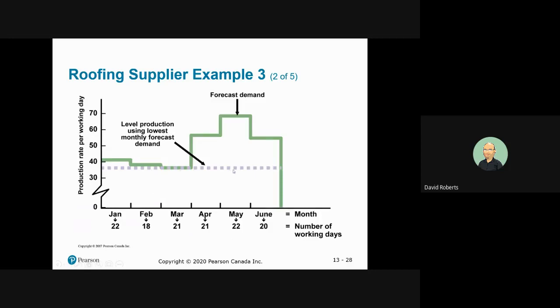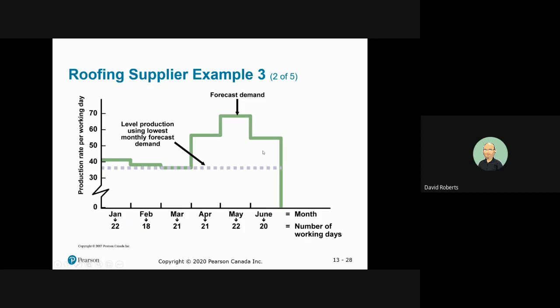So this is just a slightly different variation on the level production, but you've lowered it from 50 units per day to 38. And the rest is done with subcontracting. With the advantage is you don't have inventory. That's the advantage. So in the first one, you had inventory for the first 3 months, and then you drew it down.